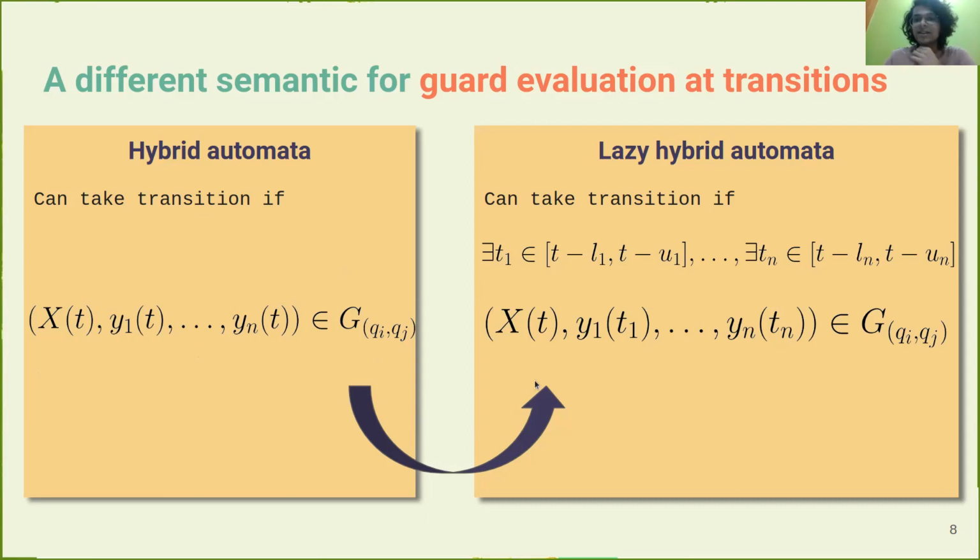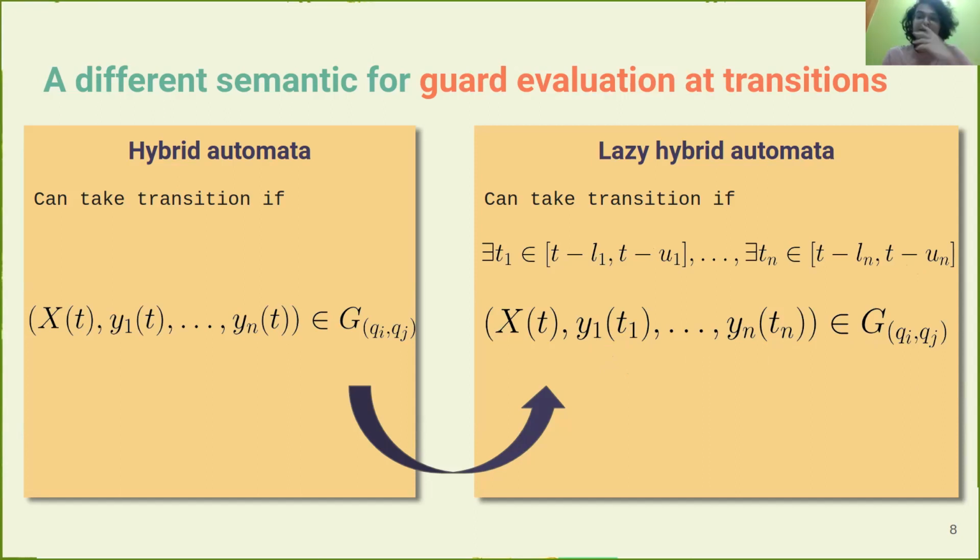Now, we translate this to the lazy hybrid automata, and we say that we can take a transition between two discrete locations if there exist some times in the past within the given time bounds associated to each input system variable, such that each of these system variables evaluated at these different times satisfies the guard conditions. Now, this is how we model the delays.